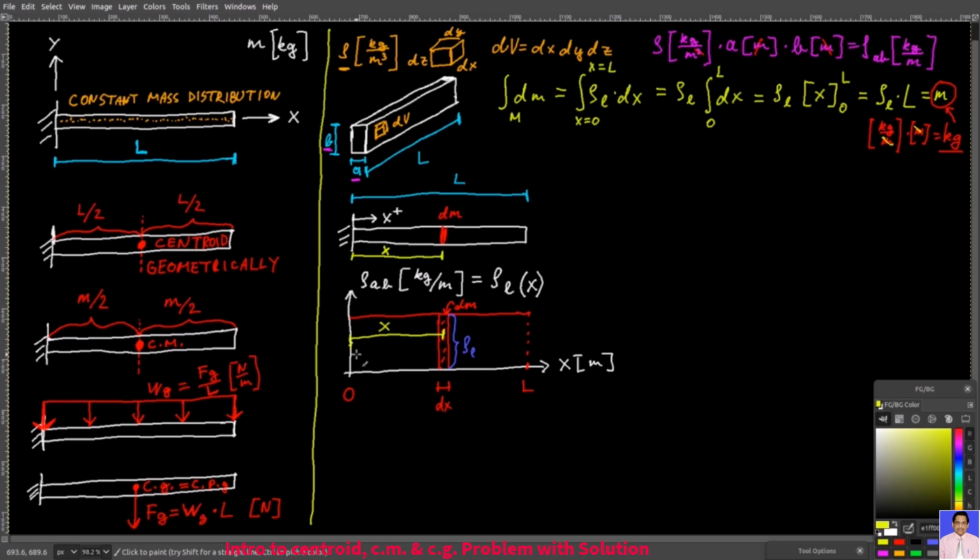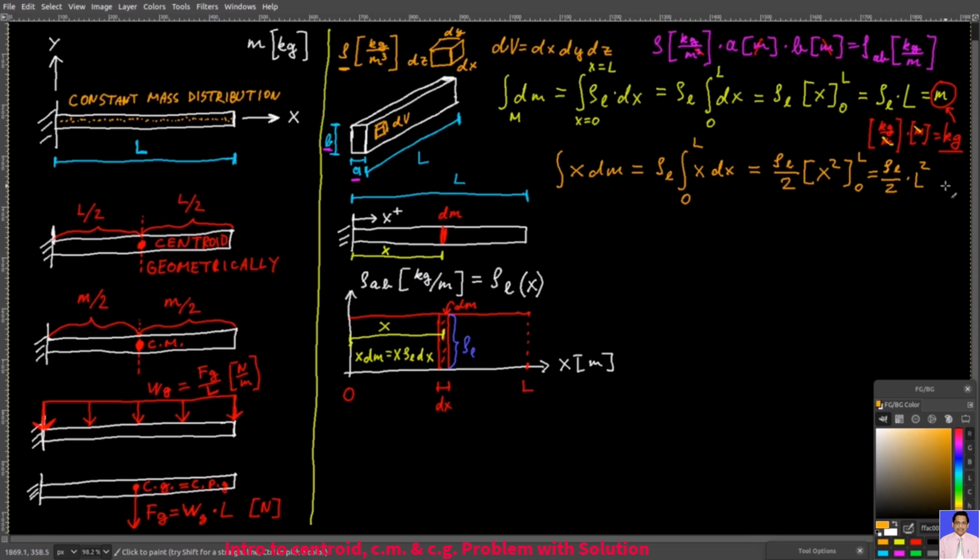And so I will have here x times dm or x times rho sub L times dx. And so as I integrate through the beam, I sum up all these differential products with an integral. So I will have rho L integral. I go from 0 till L, and then x times dx, and then I have this result.